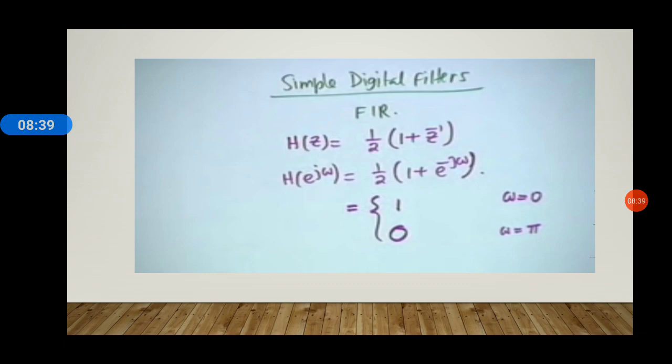So whenever we have a digital filter, just in order to know the magnitude at 0 and pi, which are our concerned points, we just need to put z equal to 1 for omega equal to 0, and z equal to minus 1 for omega equal to pi, and see the magnitude of H(z). From there we know whether the filter is low pass, high pass, band pass or band stop.